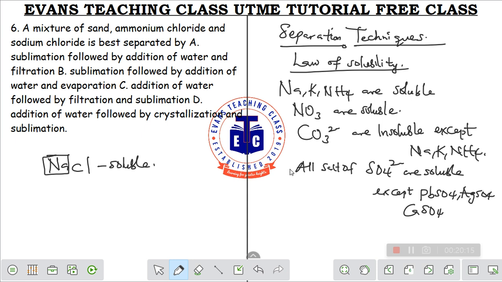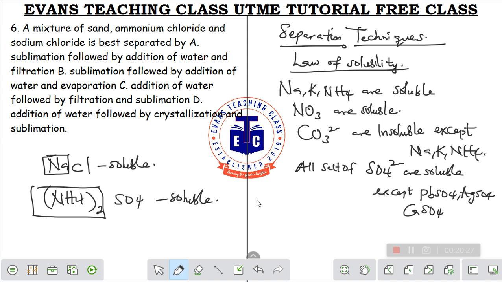Like this salt, ammonium sulfate: because you have seen ammonium, this salt will be soluble. I think you get my logic now. Look at this too, K2SO4. This salt has potassium. Any salt that has potassium, sodium, or ammonium, just know that it will be soluble.